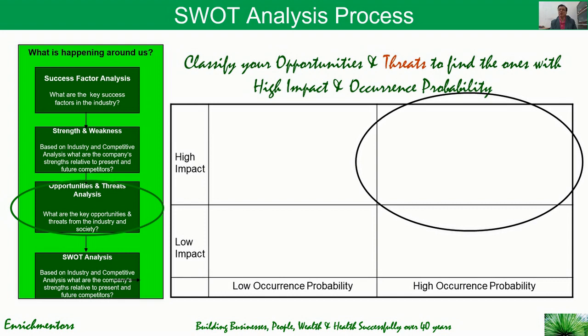Don't worry about small opportunities and small threats, because that is not going to make a difference to your life. So if the probability of occurrence is high and the impact is high, you choose those opportunities and threats.